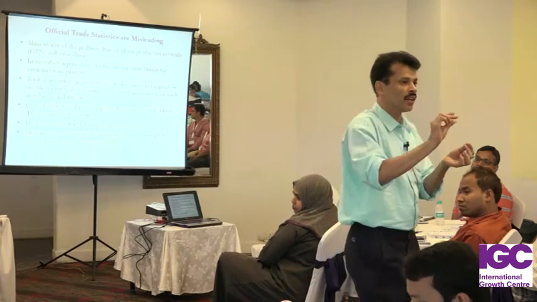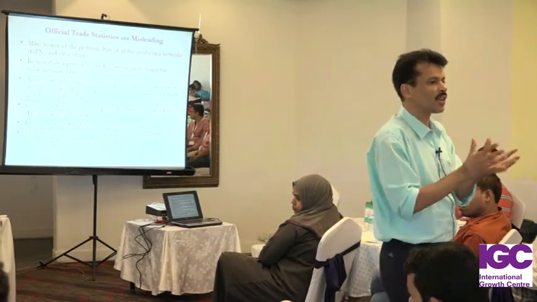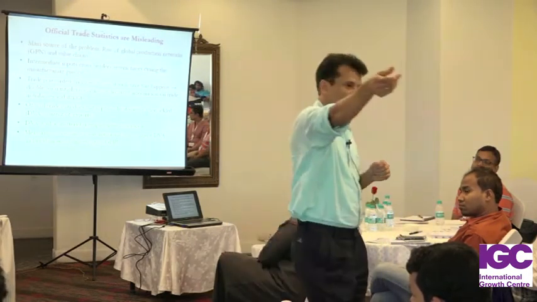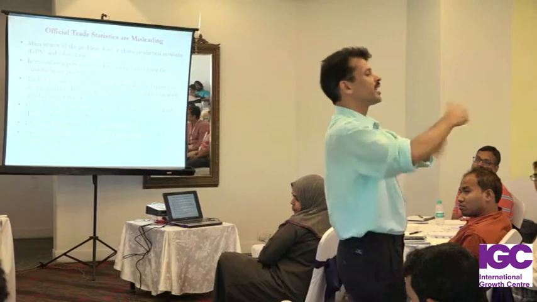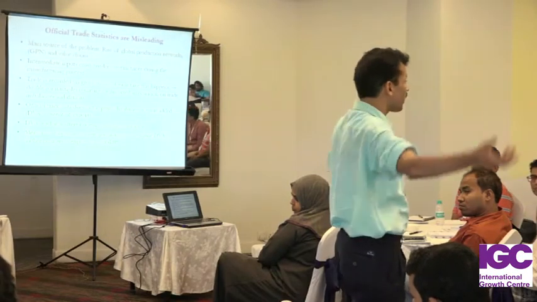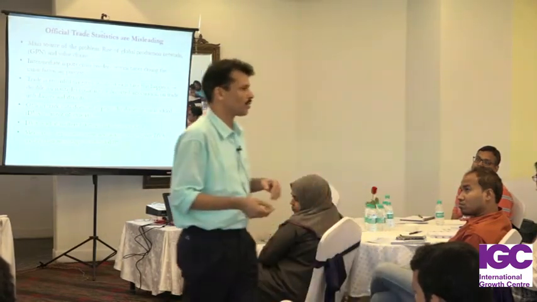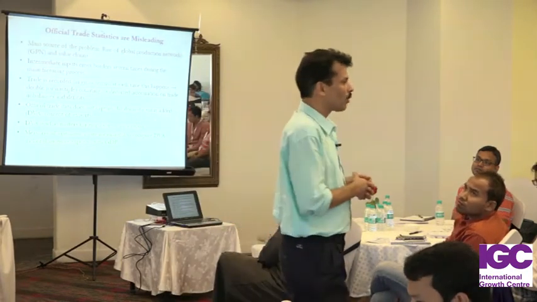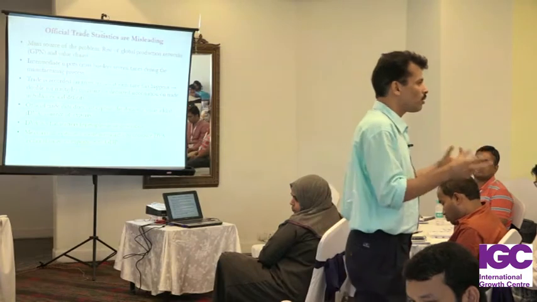It is not recording the value added, it is recording the entire value of what is going from one country. Finally it is going to China, again it is recorded, and then China is sending it to the United States, and it is again recorded. So the same thing is recorded many times, and we strictly avoid double counting when we measure value added.